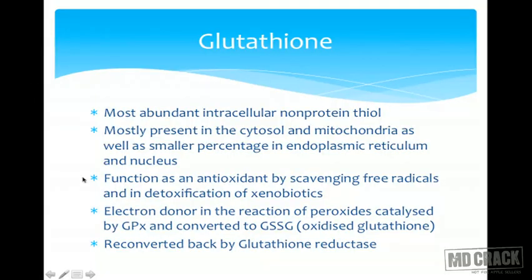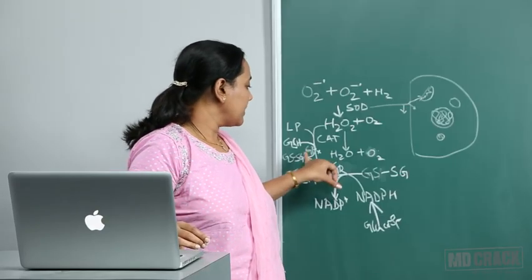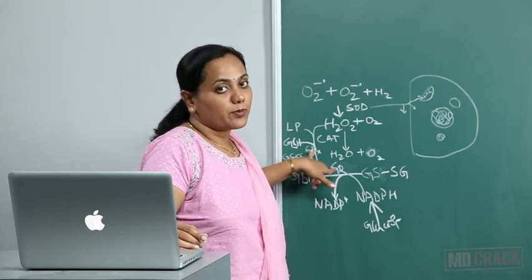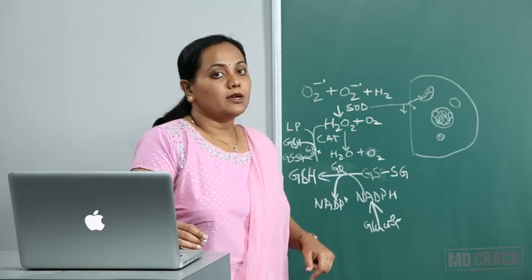It functions as an antioxidant by scavenging free radicals and in detoxification of xenobiotics also. It is the electron donor in the reaction of peroxides catalyzed by glutathione peroxidase, and it is converted to GSSG. It is reconverted back by glutathione reductase. So we have two enzymes involved in the metabolism of glutathione: glutathione peroxidase and glutathione reductase.